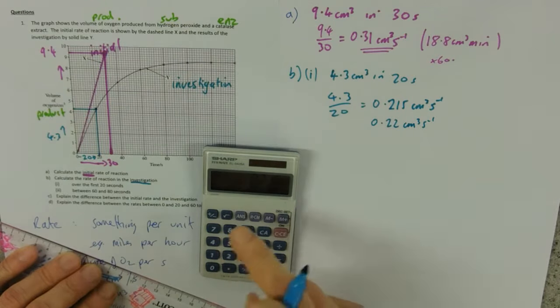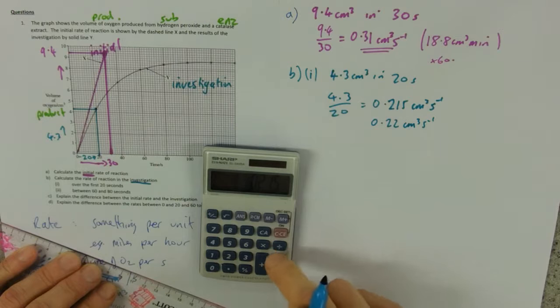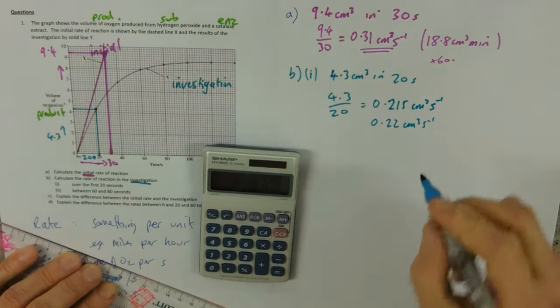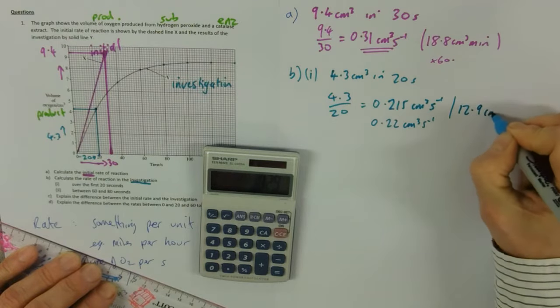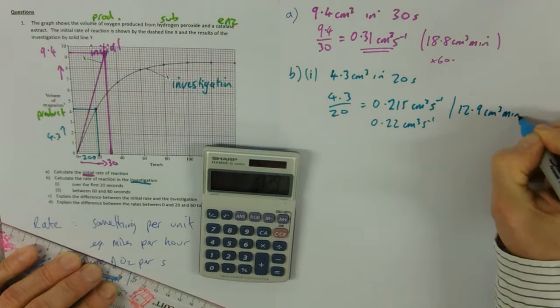You could times that by 60 to get it into minutes, so that's 12.9 centimeters cubed per minute.